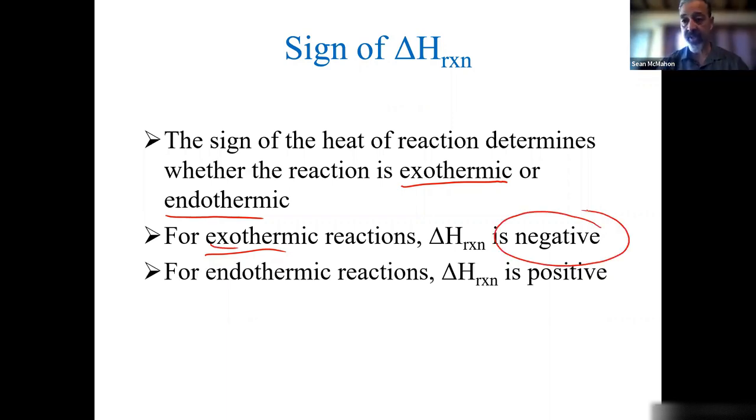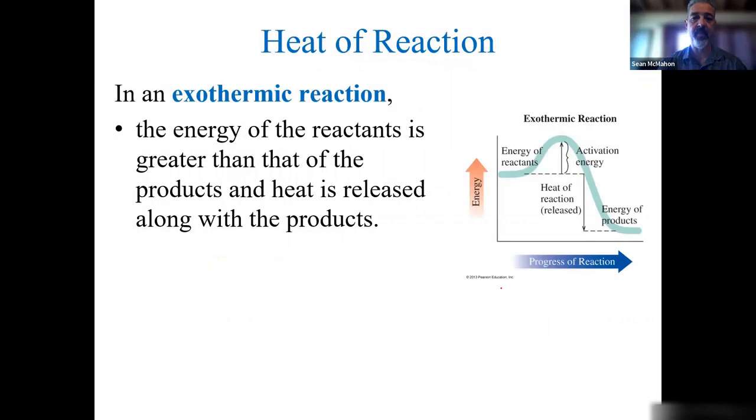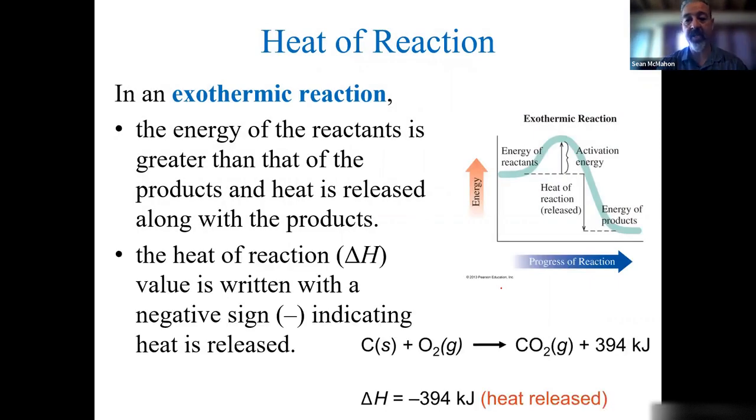For an endothermic reaction, heat must be absorbed to drive up to a higher potential energy for the product. So heat is absorbed or it enters, that's an endothermic reaction, and the enthalpy of reaction or the heat of reaction is positive. So for exothermic, how would they indicate it? There's two ways. They can show you in the reaction if it's exothermic.